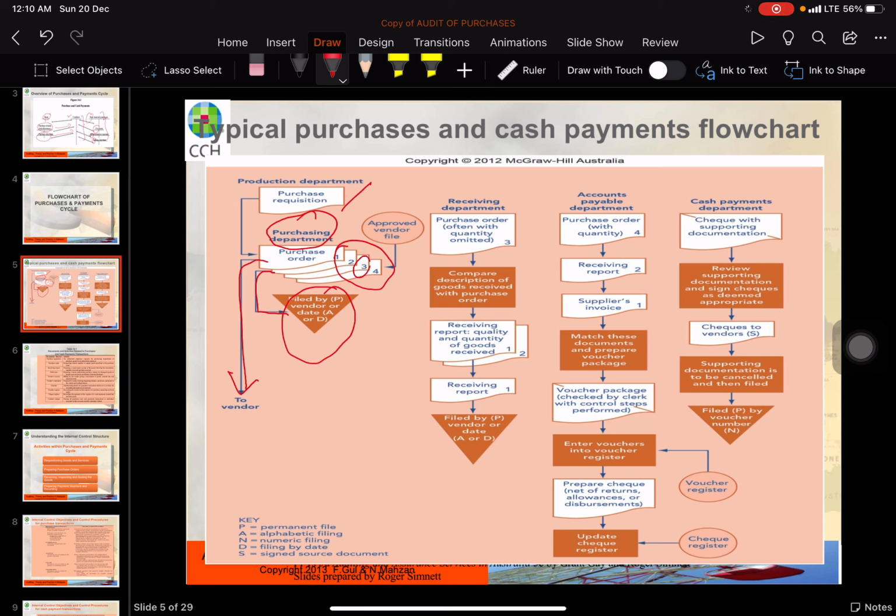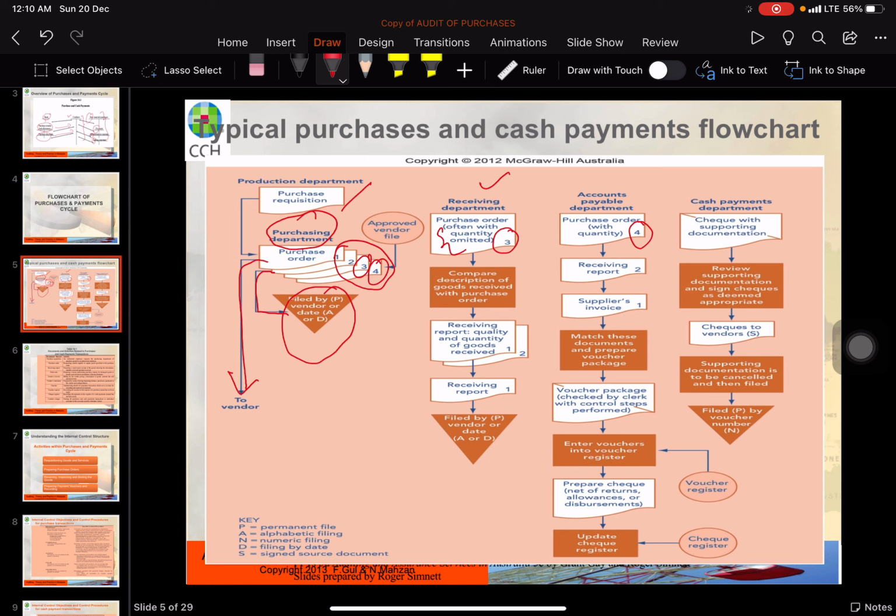Copy 3 and copy 4. Copy 3 is sent to the receiving department. The purchase order often has the quantity omitted. Why? Because they don't want the receiving department to know exactly the amount that was ordered.